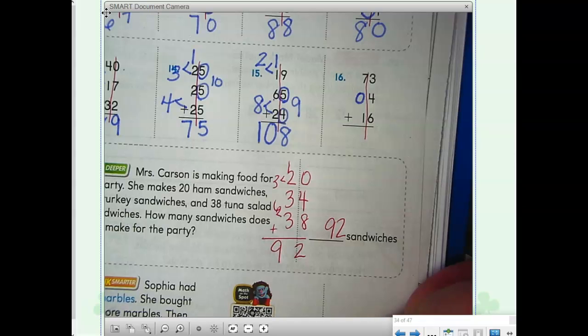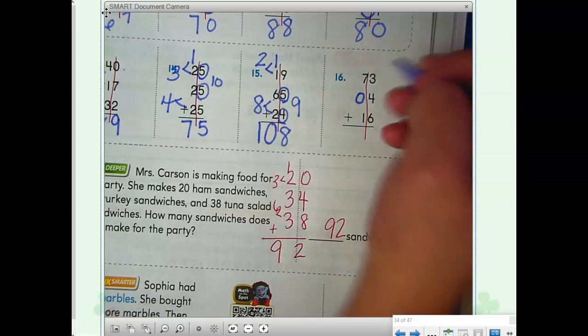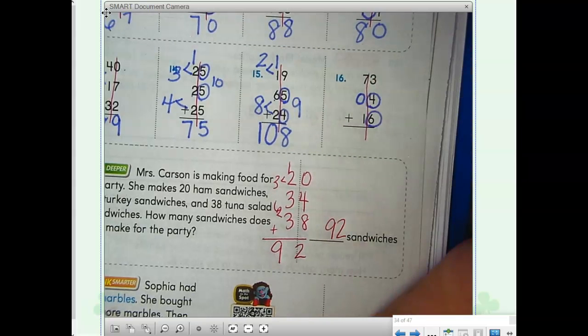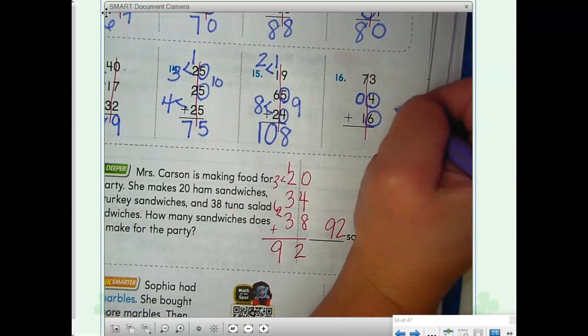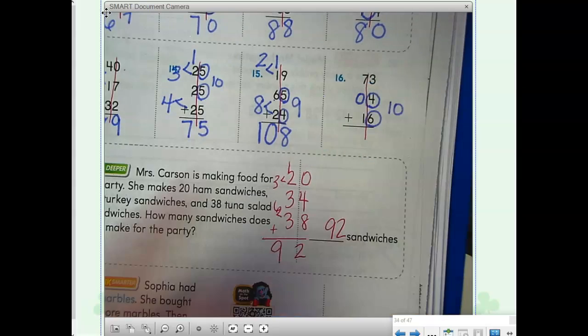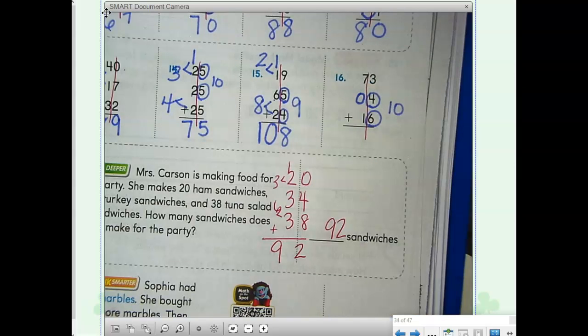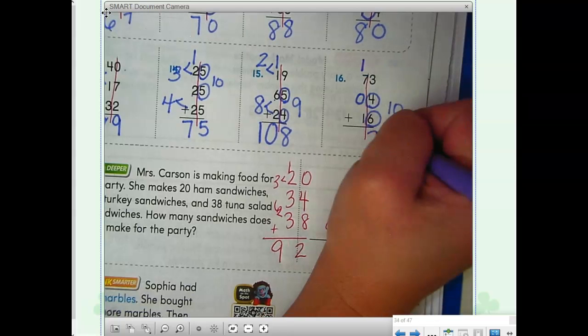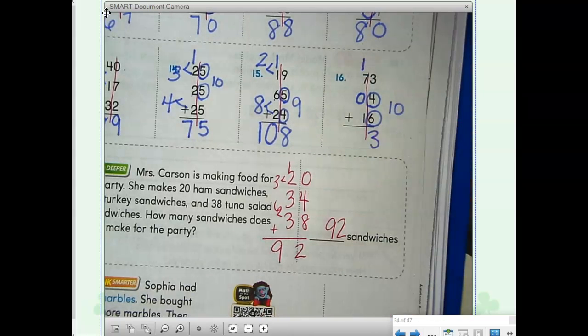Do you see a quick fact we can make? What's 4 plus 6? 10. Now, 10 plus 3? 13. 1 ten and 3 ones.